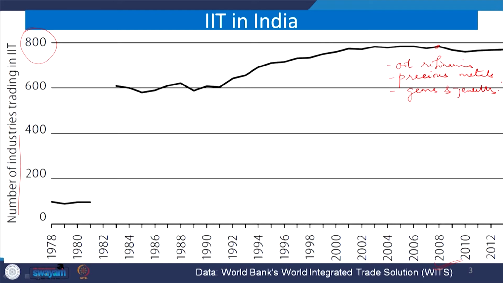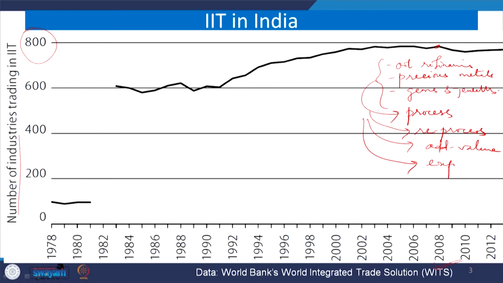Those industries have largely been taking inputs, the raw material in crude form, and they refine it, process it, reprocess it and add value to it, and export it again to other countries.